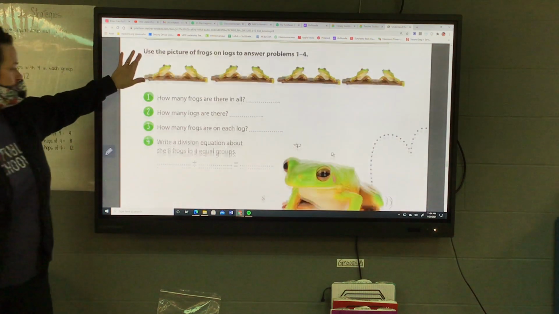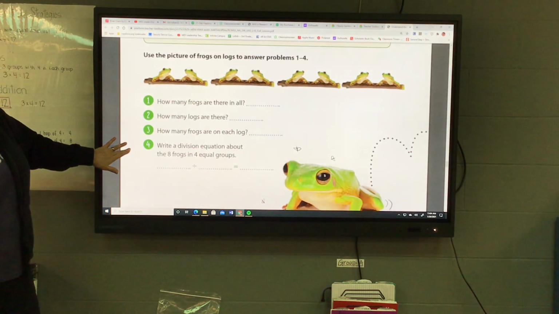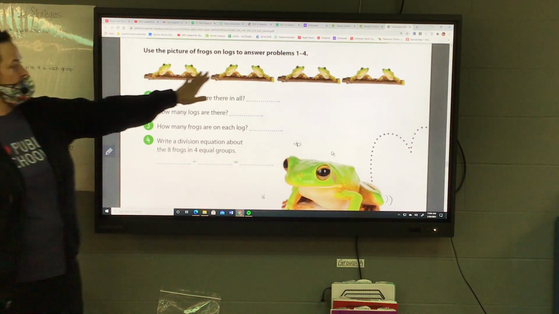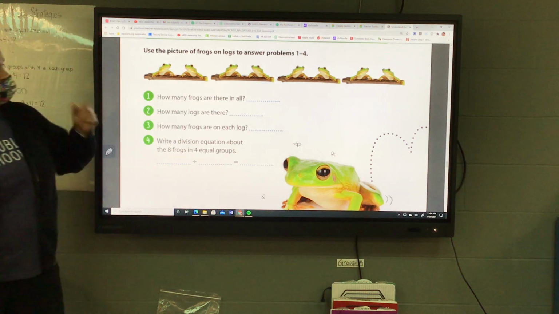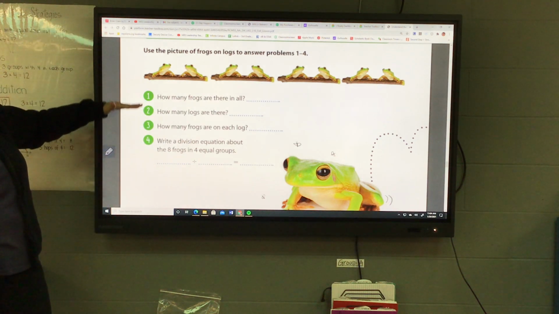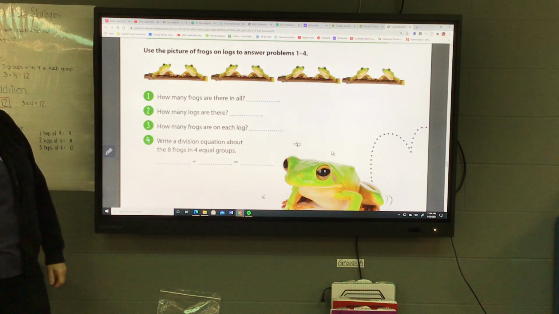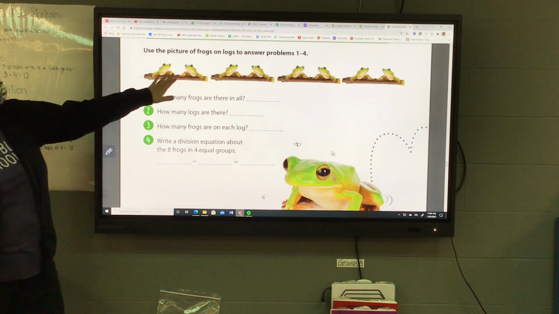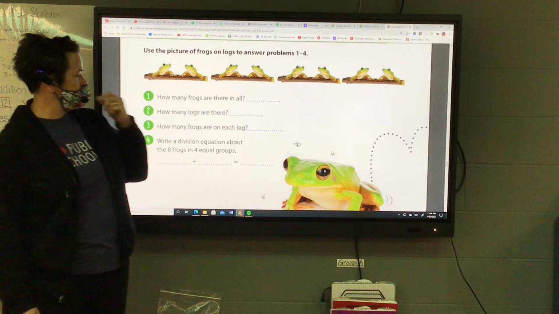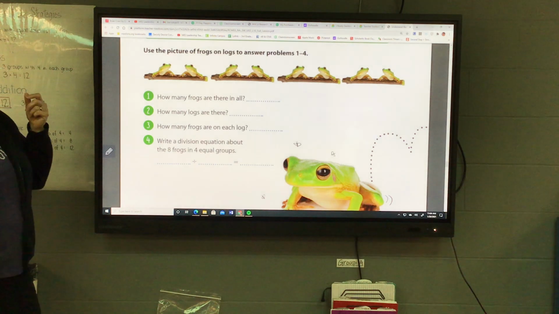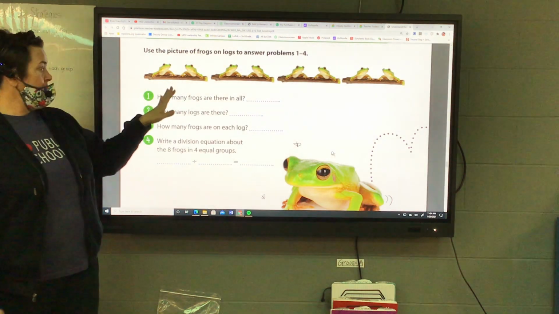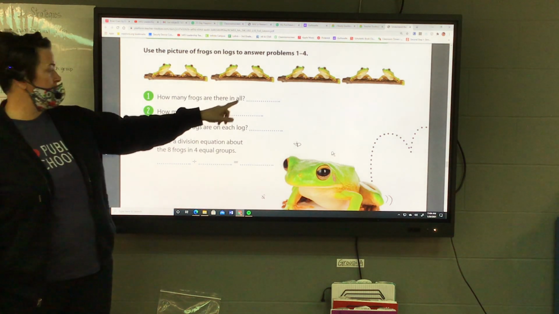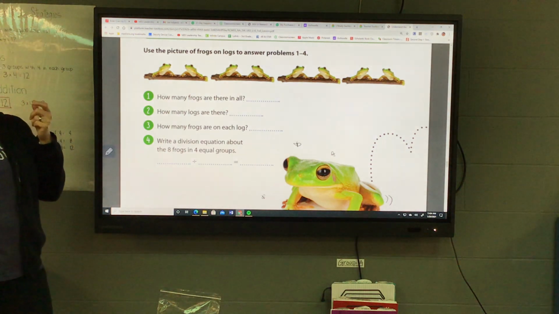Let's look at the frogs. We're using this picture of the frogs on logs to answer problems 1 through 4. So check them out. Don't say anything out loud. How many frogs are there in all? Looking at problem 1.